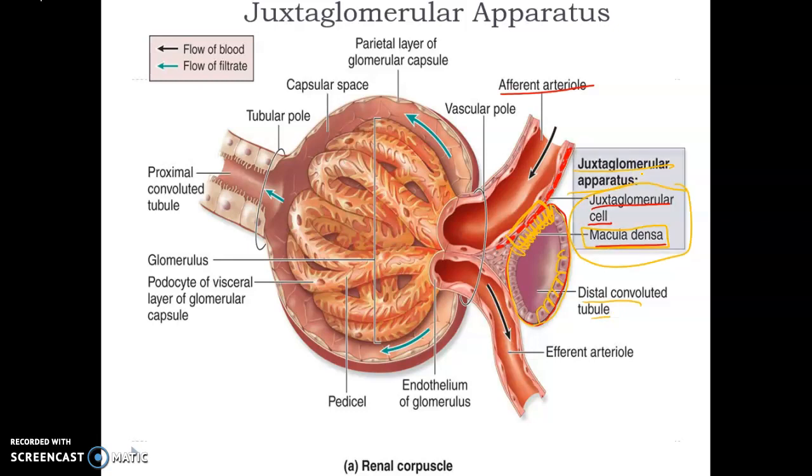So these two together. And why is the juxtaglomerular apparatus very important? Well, here is the answer. When you have low blood pressure, you have low blood osmolality, meaning there is less solute in the blood.